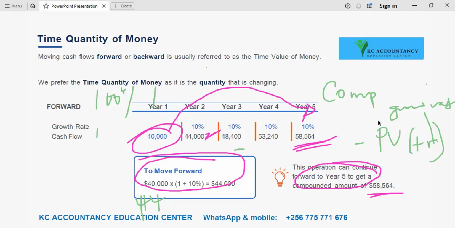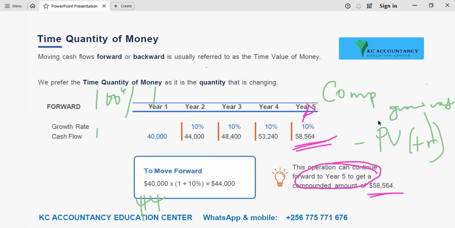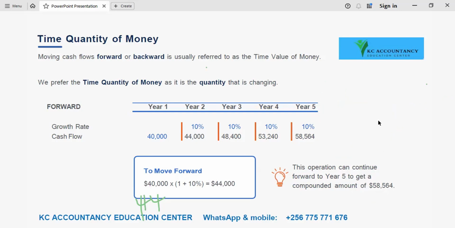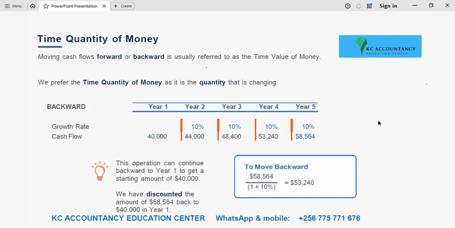That's what we are going to focus on, because always in finance, we make sure that we have that backward movement in those cash flows. So let's take a look at how discounting works.